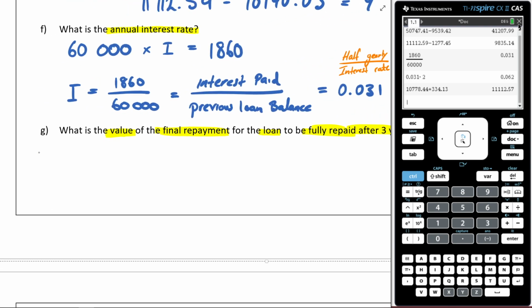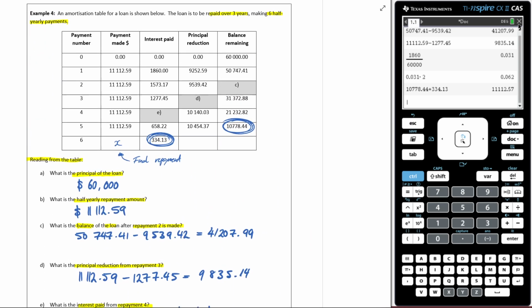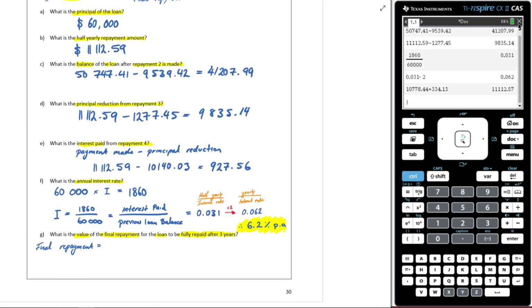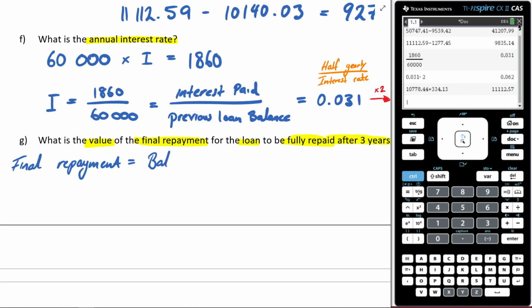Final repayment is equal to the balance remaining plus the interest.